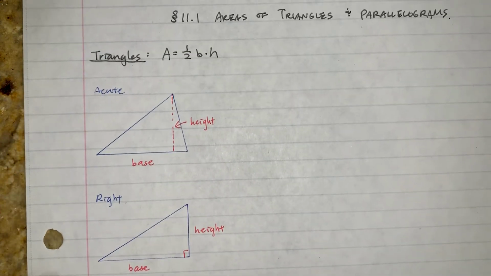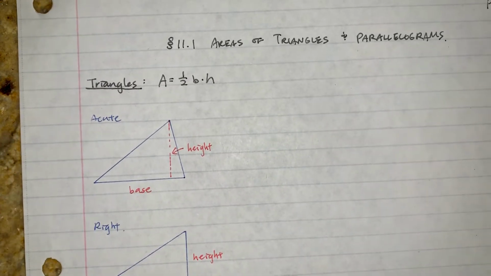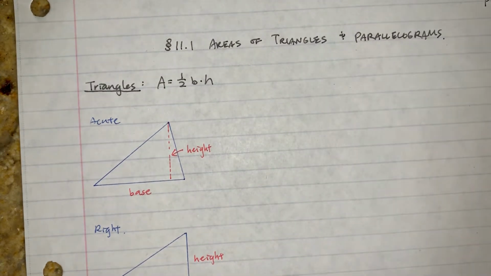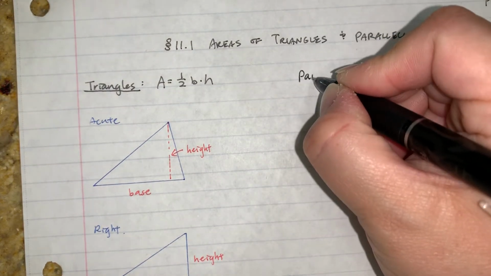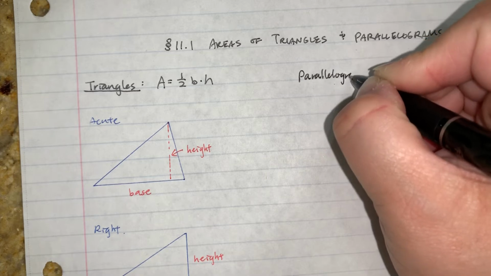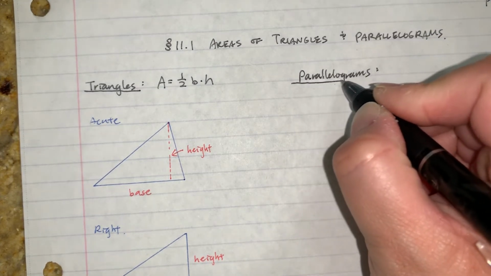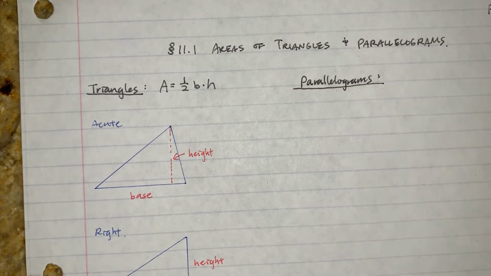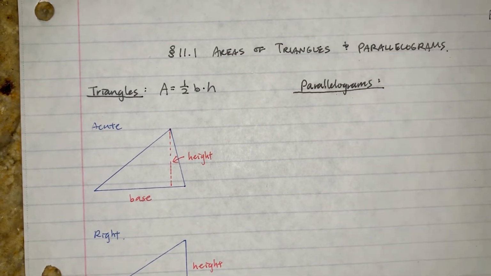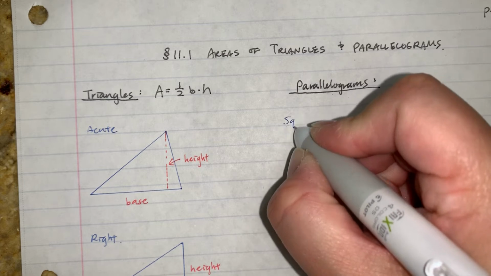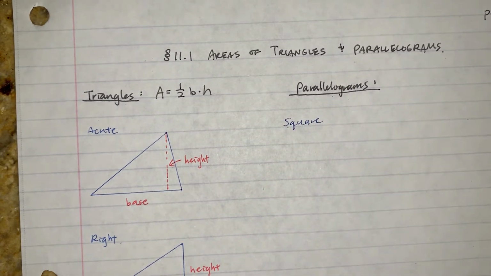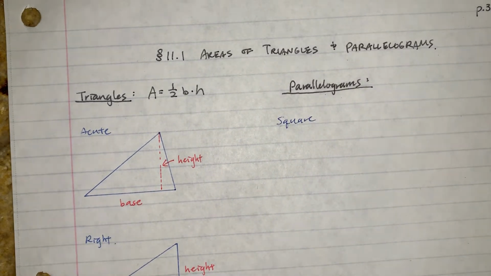All right. So who falls under the family of parallelograms? Parallelograms have a few different shapes, right? We already did this earlier in the year. So we're going to start with one of the very basic shapes we see a lot, the square. If you look to your template, that would be number 3.